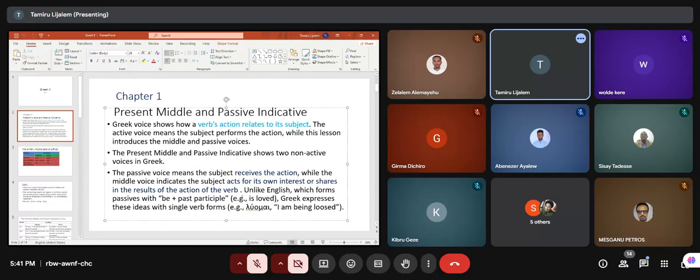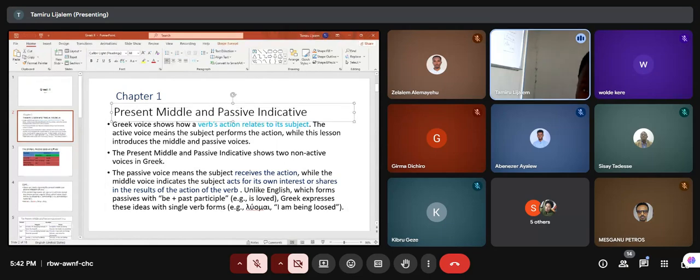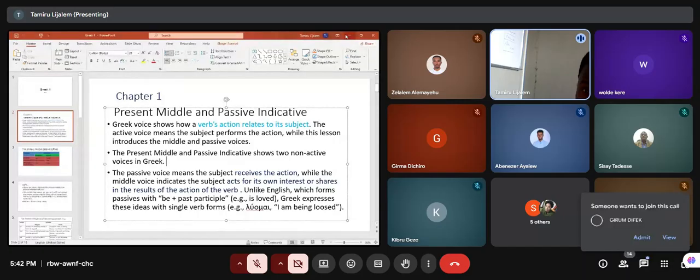Before that, Greek verbs have five things in common. You know from your Greek one lesson, it is better to revise some parts of Greek one.